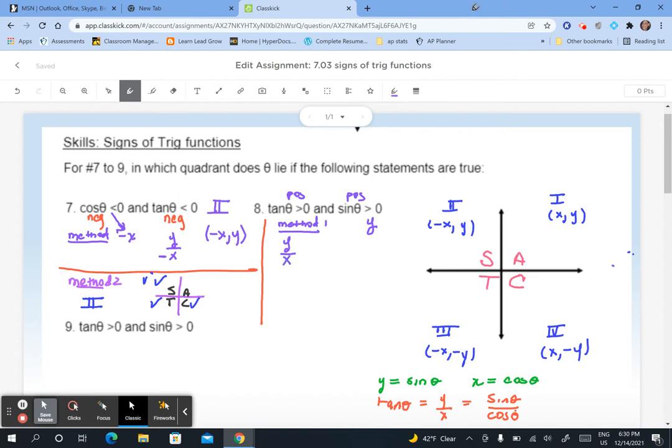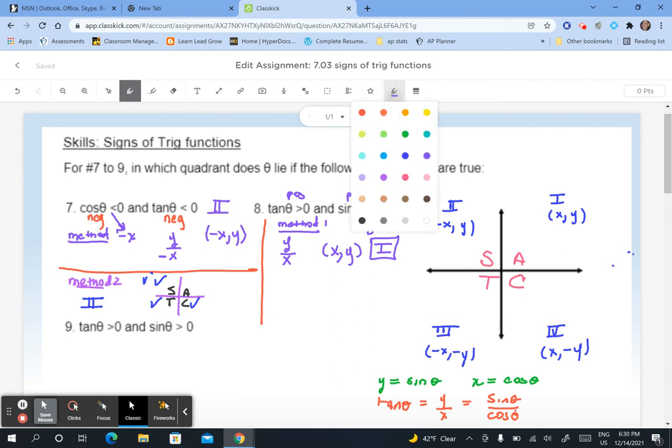Y is positive, therefore x has to be positive as well, since y divided by x, which is tan, has to be greater than 0 or positive. Therefore, I can represent a point that meets both conditions as x comma y, and that angle therefore is in quadrant 1.